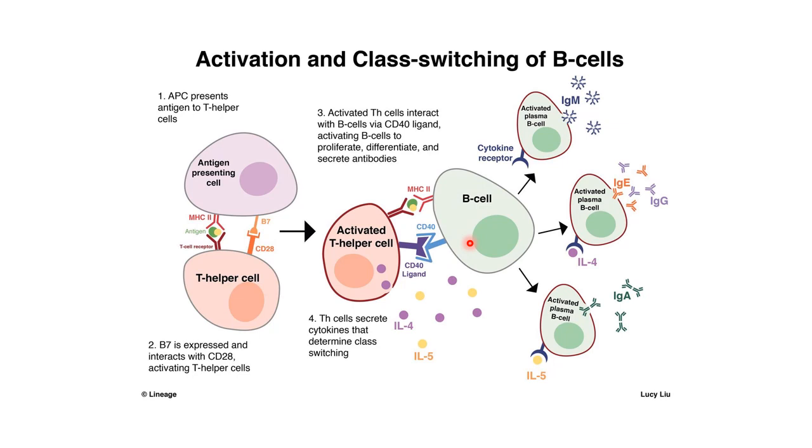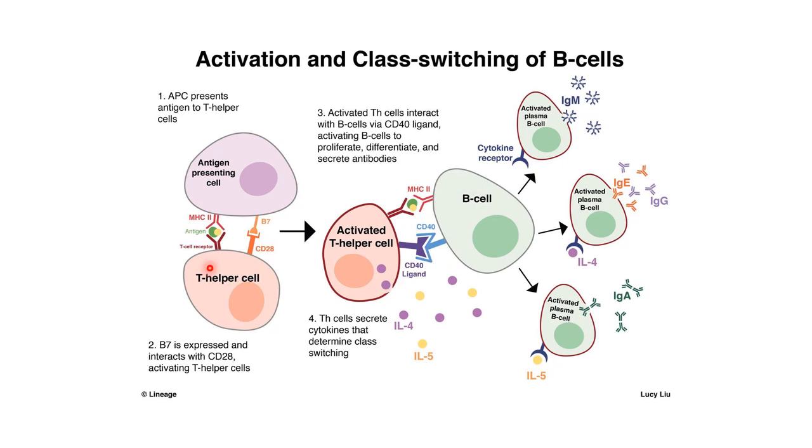So let's recap that. You have your antigen presenting cell taking up a pathogen or antigen, presenting that antigen using the major histocompatibility complex, allowing the helper T cell to recognize the antigen.